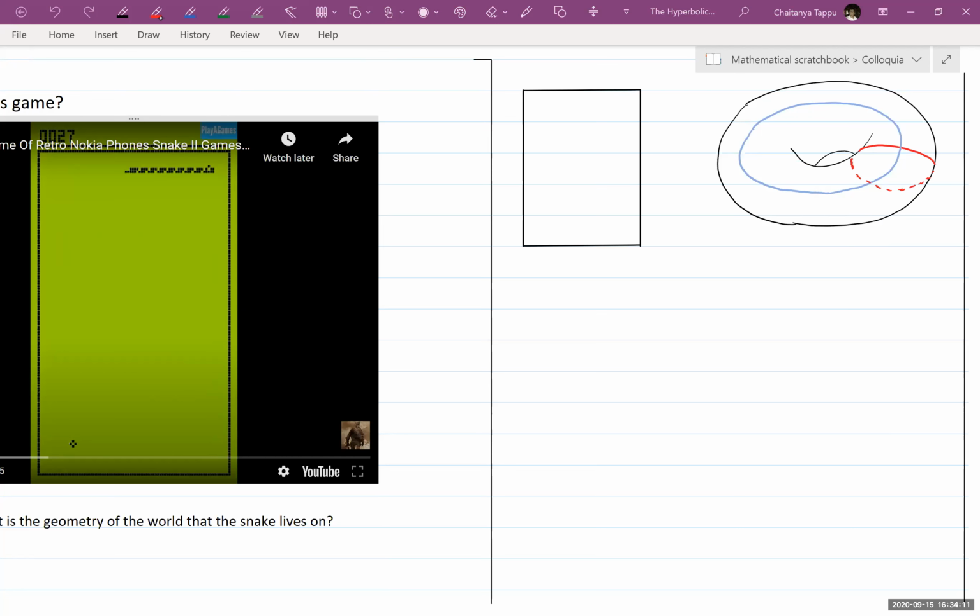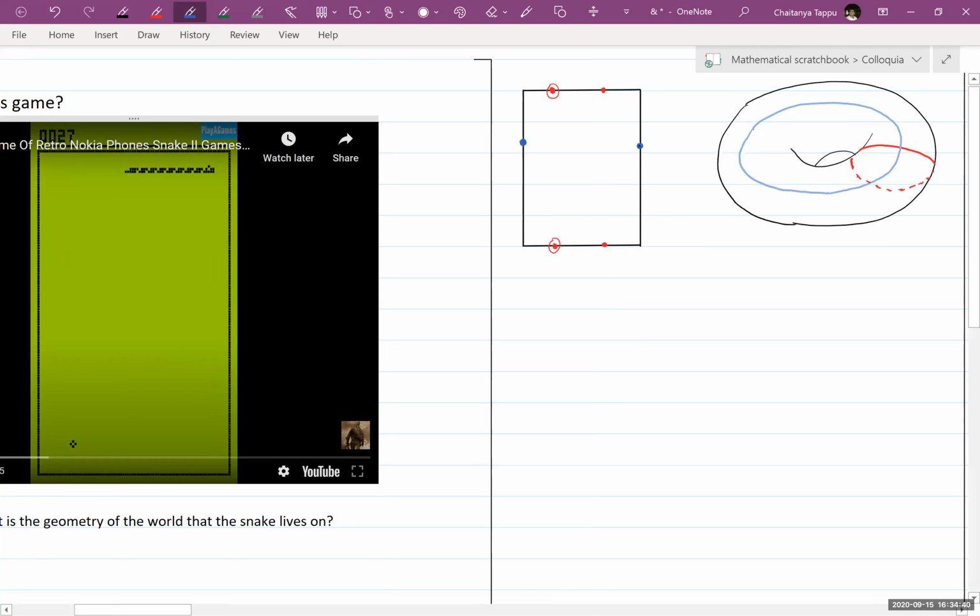When the snake goes out through some portion of the bottom of the screen, it comes back inside the screen from the top. If it goes out from here, it'll come back out from the other side. And similarly for the vertical sides as well.